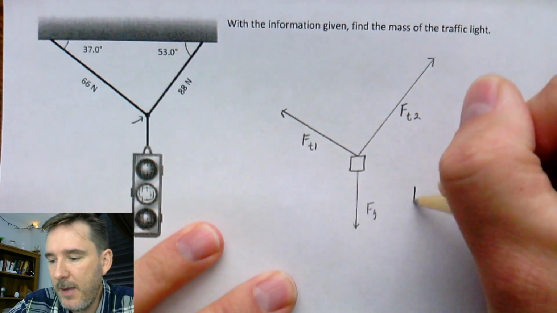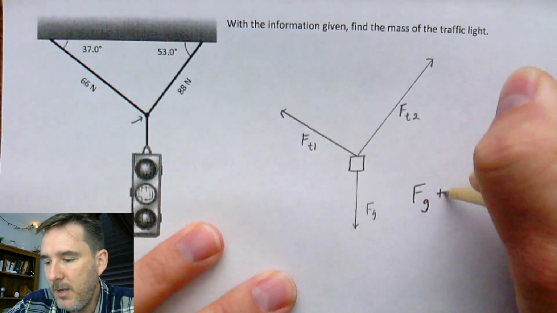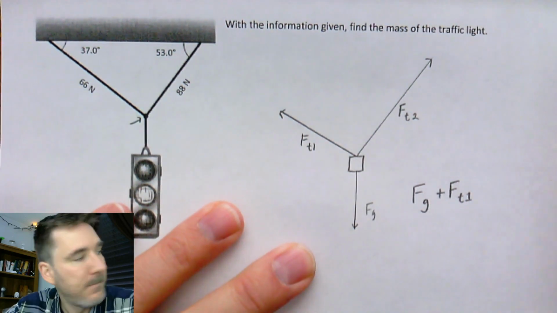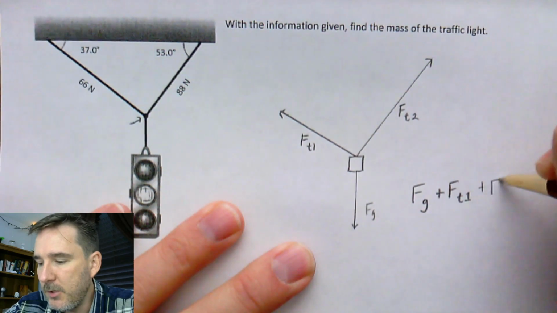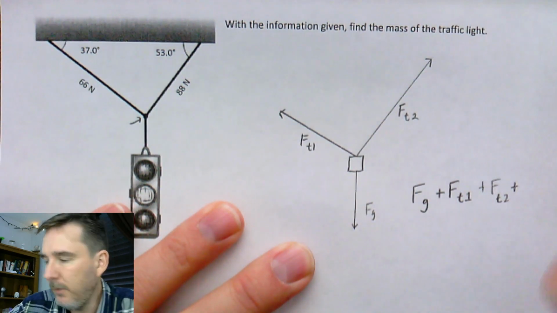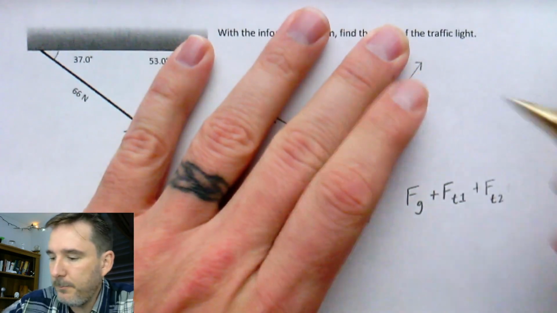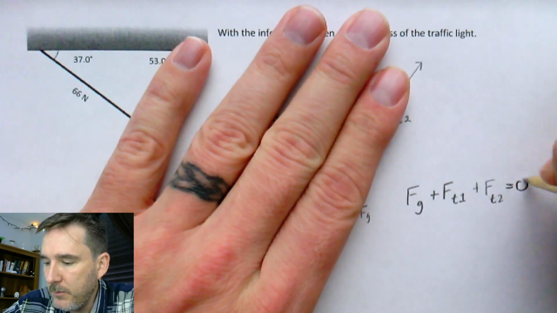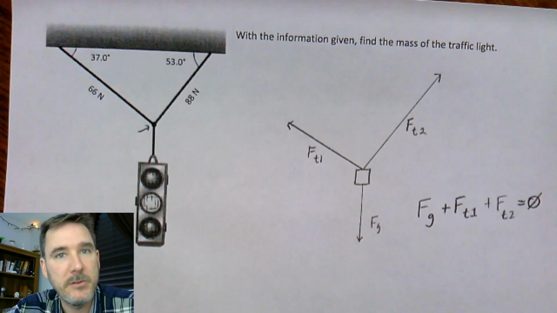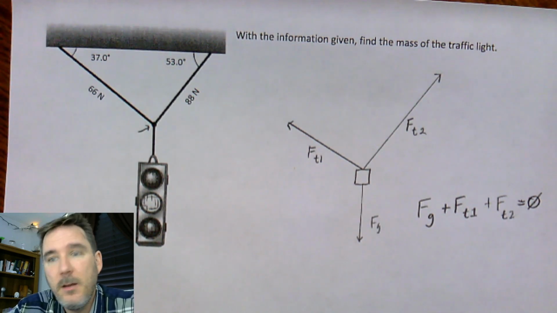What I mean by that is if I take the force of gravity, which is pulling downward, and add it to the force of tension of the first wire, and add it to the force of tension of the second wire, that will equal 0. That's what static equilibrium means, that all the forces are balanced. When I add all the forces up, they should just cancel out.